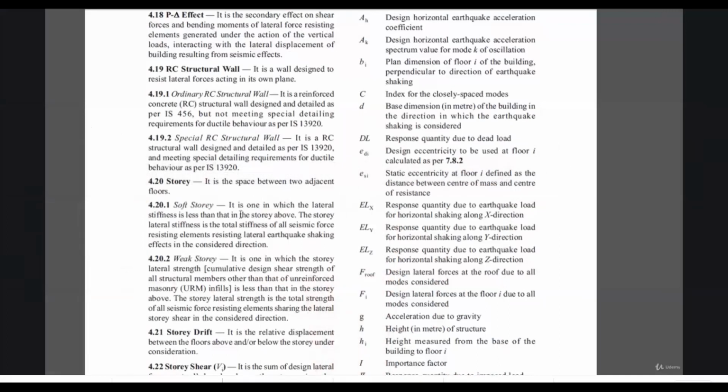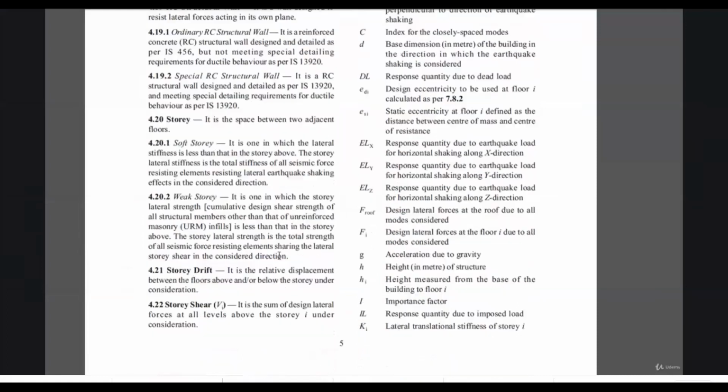And a weak story is the one in which story lateral strength is less than that in the story above. So there are two types of things, soft story and weak story.